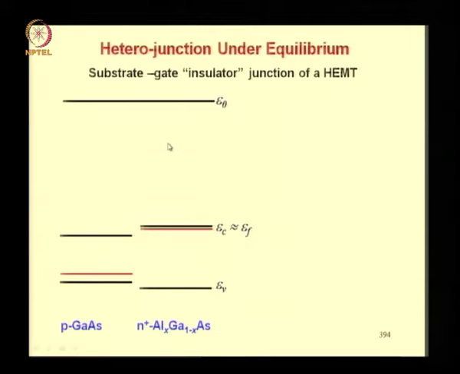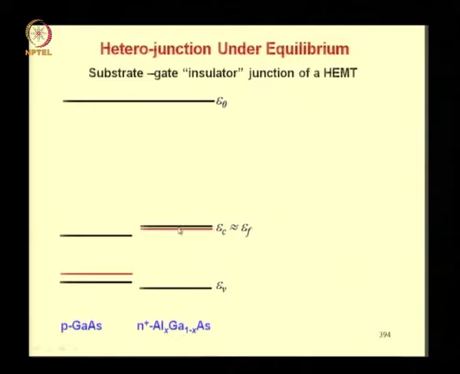So first we sketch the band diagrams of both sides of the junction using E0 as a reference, because we are considering the materials as isolated to begin with. So the left hand side is P type gallium arsenide and the right hand side is heavily doped N type aluminum gallium arsenide.